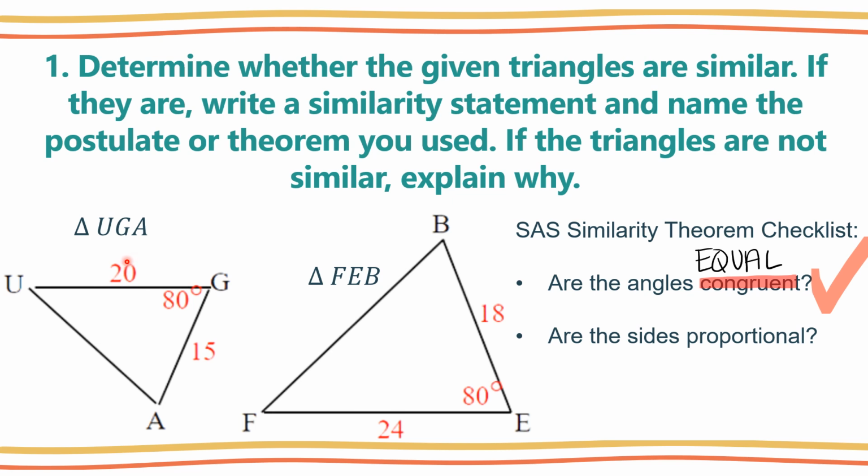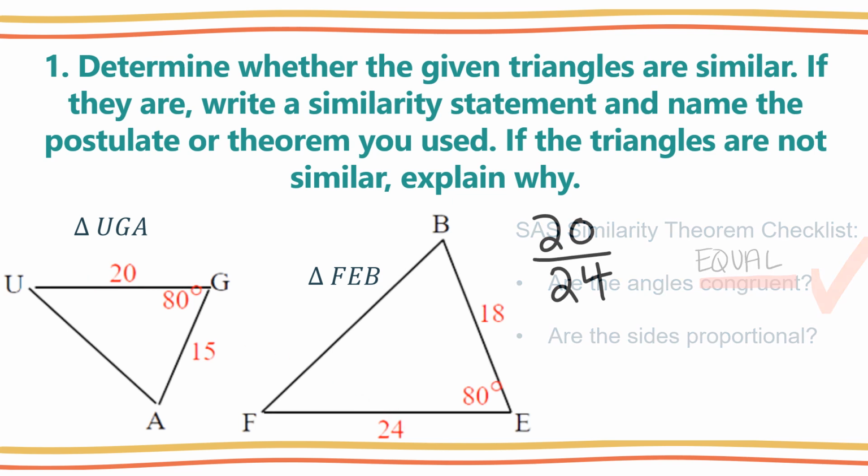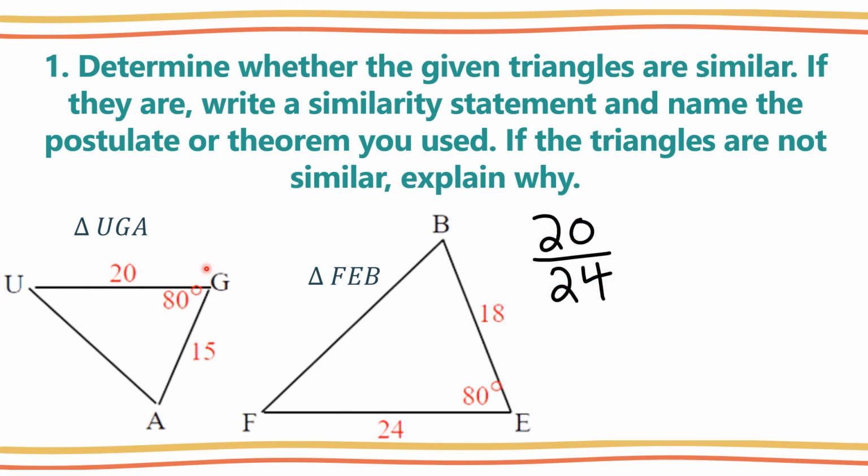So the first little fraction that we're going to set up is going to be 20 over 24. So largest side over largest side. And then we're going to check and see, is that equal to the smallest side over the smallest side? So smallest side on the left is 15, smallest side on the right is 18. So 15 over 18.